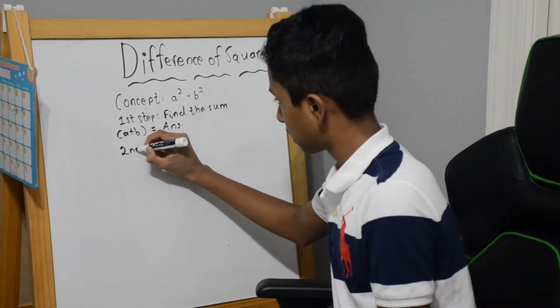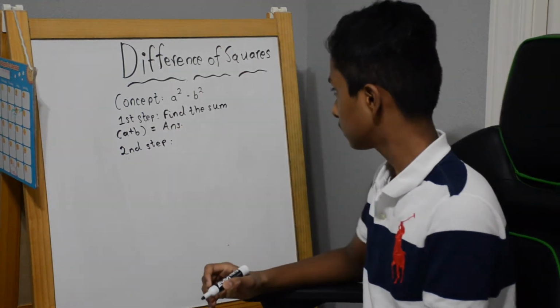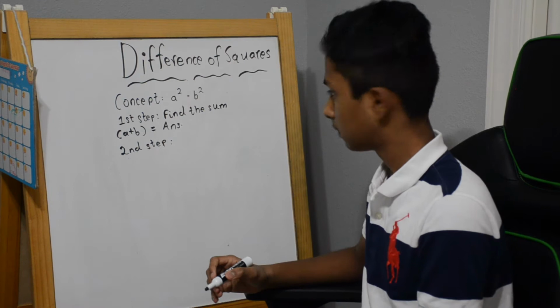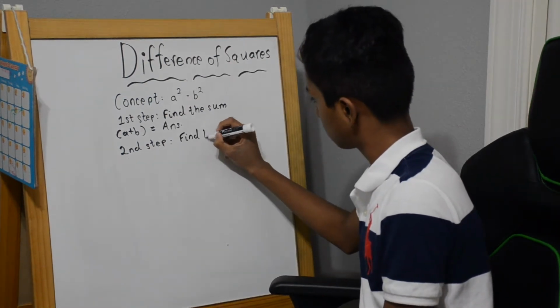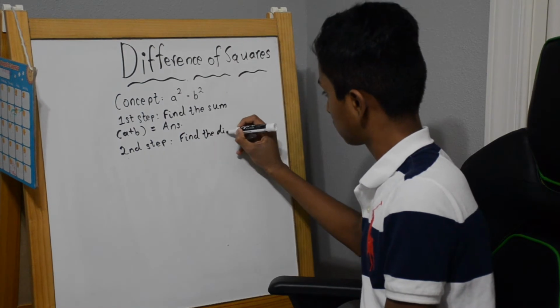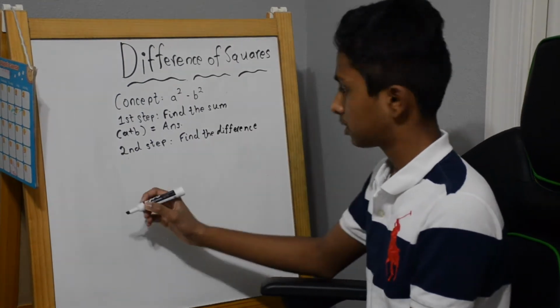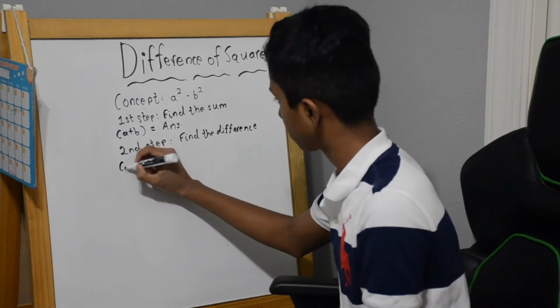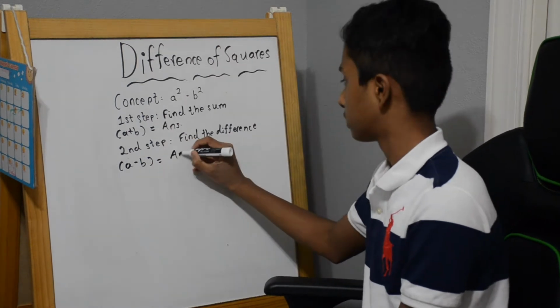Then the second step would be to find the difference. So the difference here is a minus b, and a minus b will give you your answer.